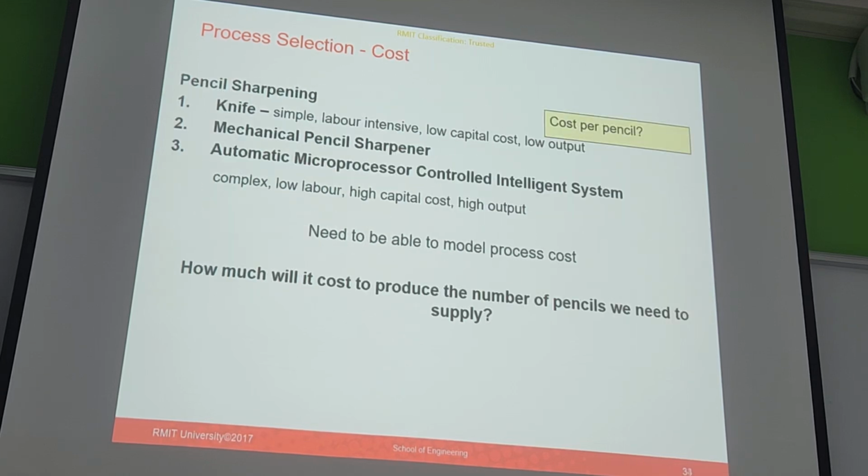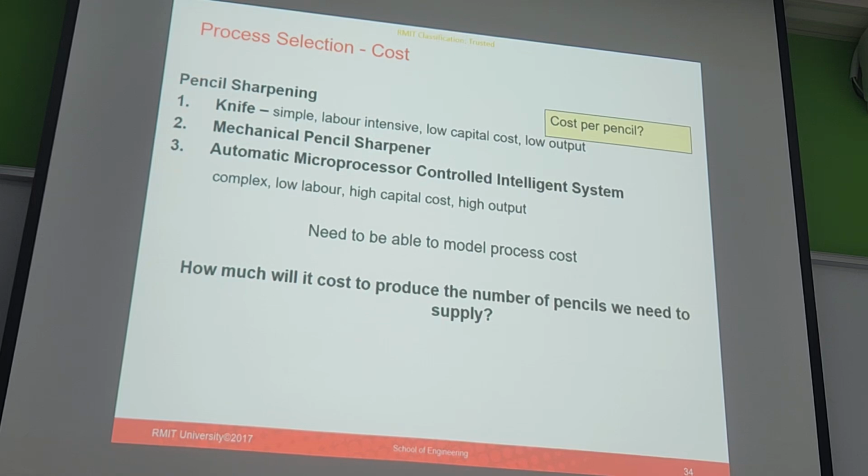So, therefore, you have to consider that. For example, I bring an example for you. Consider you are working in industry. They ask you, we need a pencil sharpener. Okay. So how many options do we have?